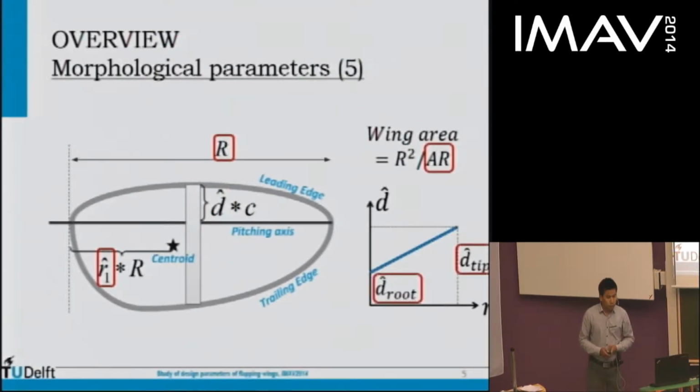Here we further assume this parameter changes linearly from the wing root to the wing tip, so it can be represented by two parameters, the normalized distance at the wing root and at the wing tip.